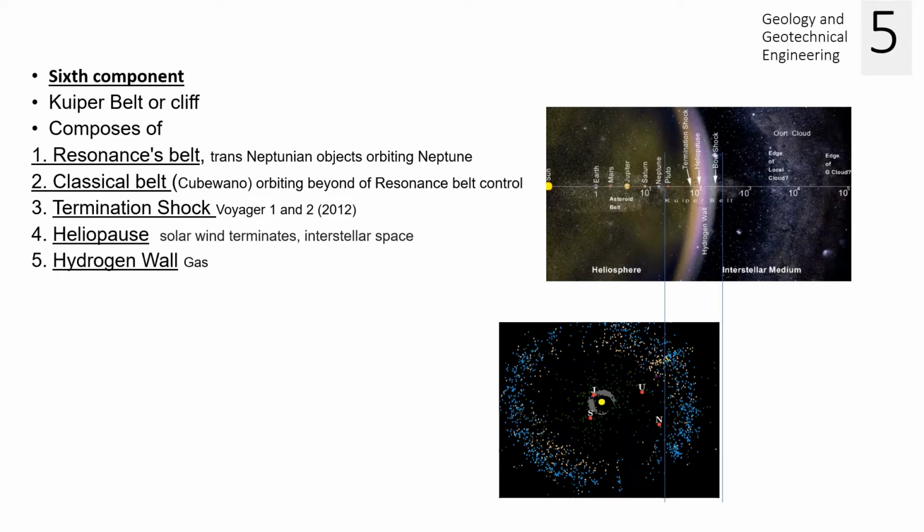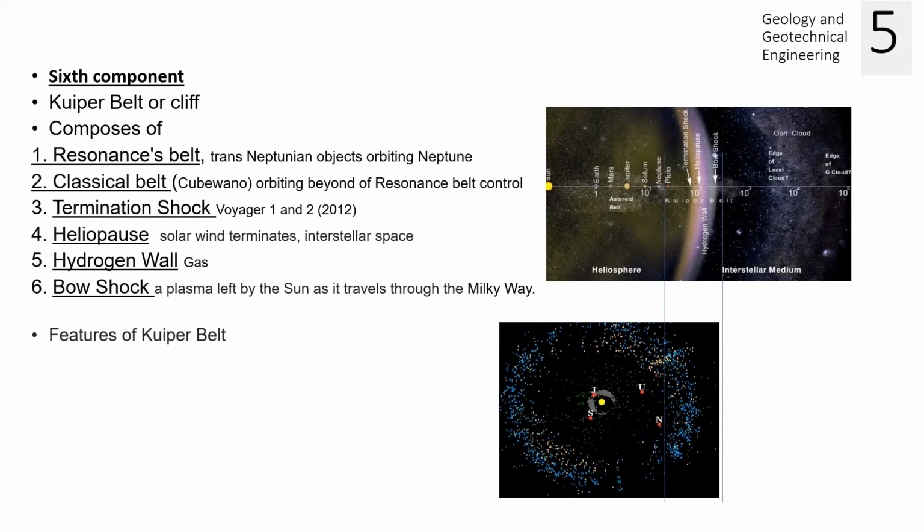And the hydrogen wall is composed of hydrogen gas, and we have the bow shock, which is a plasma left by the sun as it travels through the Milky Way galaxy. These spherical shaped clouds protect the solar system from any outside intrusion of space objects.